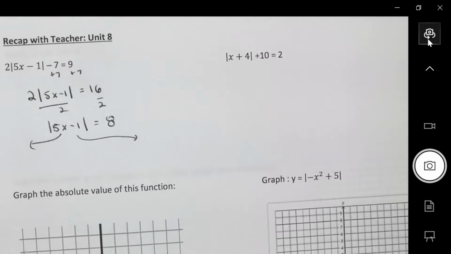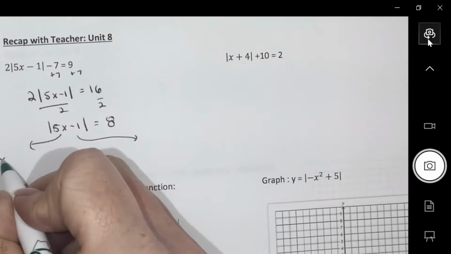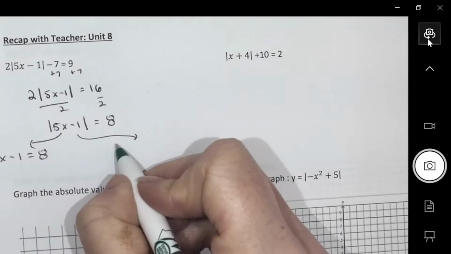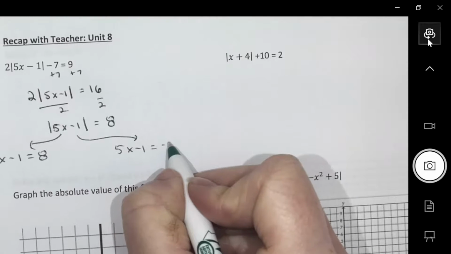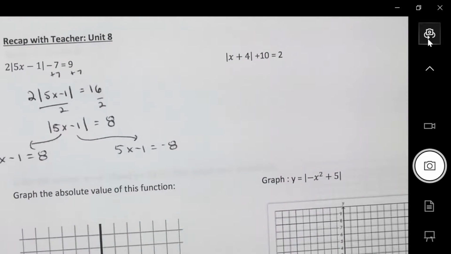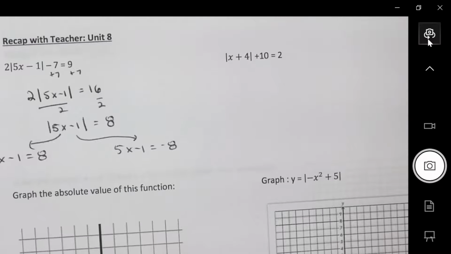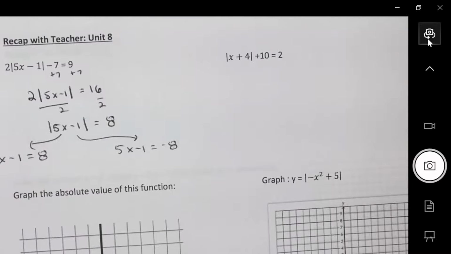Inside of those brackets I could have had an 8 or a negative 8 inside. So the inside could equal 8 or the inside could equal negative 8. Do you notice how I keep those brackets on until I make that split?